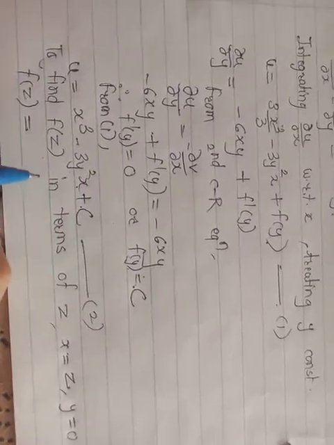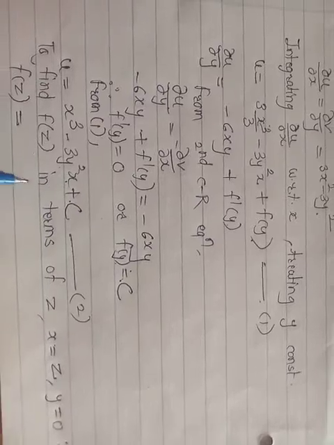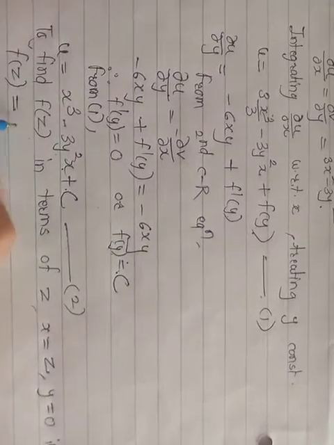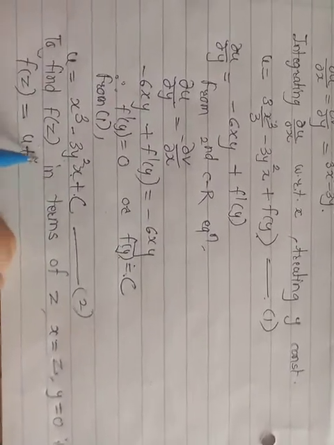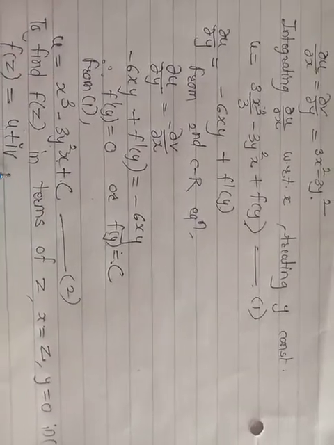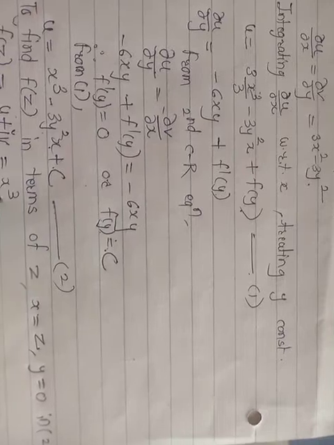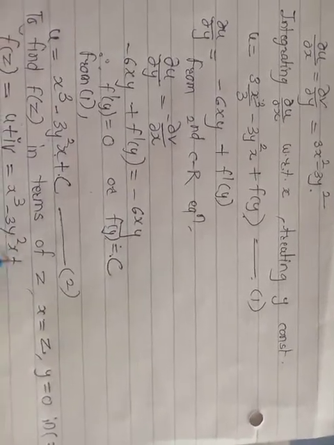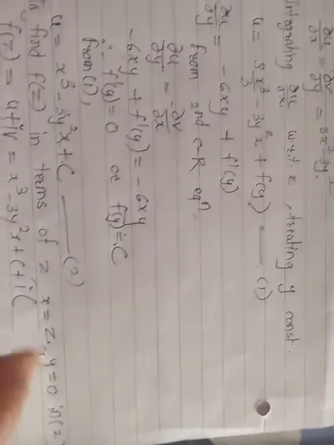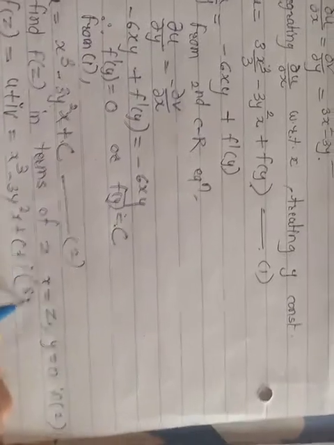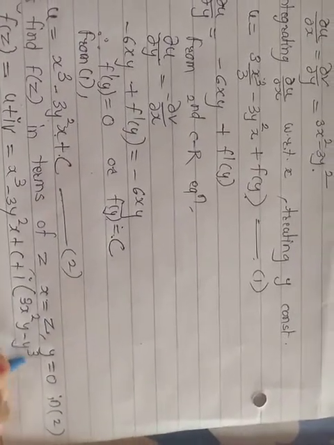f of z is u plus iv. But u is equal to x cube minus 3y square x plus c, plus iv. V is 3x square y minus y cube.